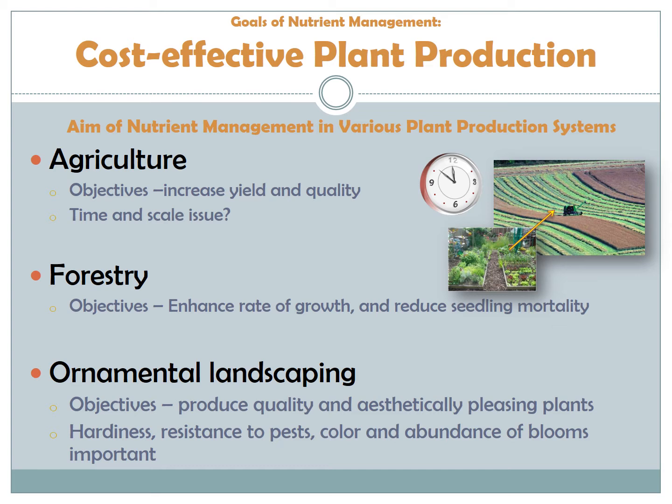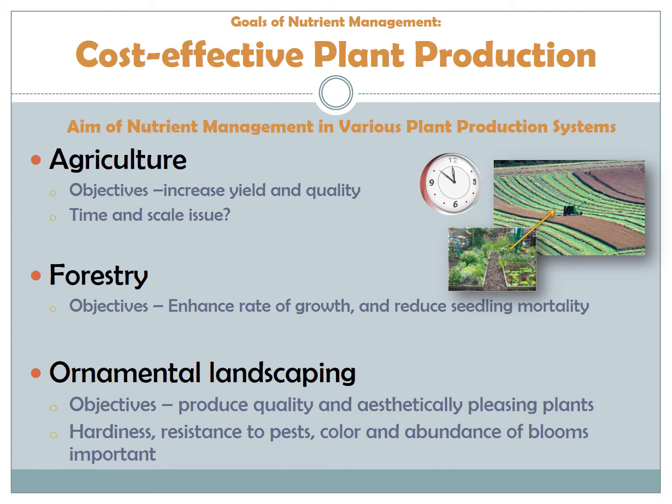Forestry. Overall, the objectives are to enhance the rate of growth and reduce seedling mortality. In ornamental landscaping, the objectives are completely different. You're looking for produce quality and aesthetically pleasing plants. Ultimately, we generally plant for hardiness, resistance to pests. Color and abundance of blooms is especially important to make it aesthetically pleasing.